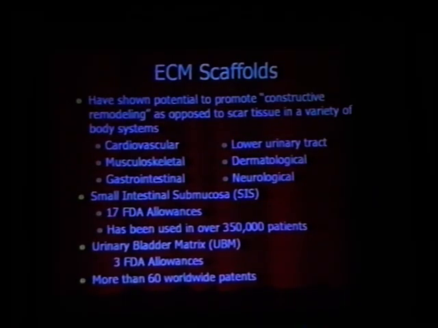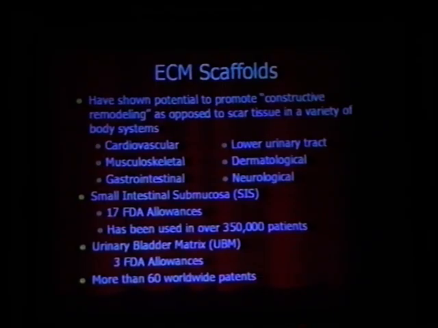All right, so here's some of the things that we've done with at least 2 extracellular matrix scaffolds, SIS and the urinary bladder. It's been commercialized now for cardiovascular, musculoskeletal, gastrointestinal, lower urinary tract, neurologic, dermatologic. There's about 20 FDA allowances, 17 for SIS, 3 for urinary bladder. About 350,000 human patients have been implanted, and there are more than 60 worldwide patents protecting this intellectual property.